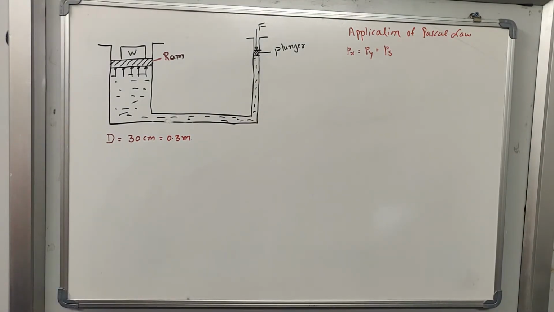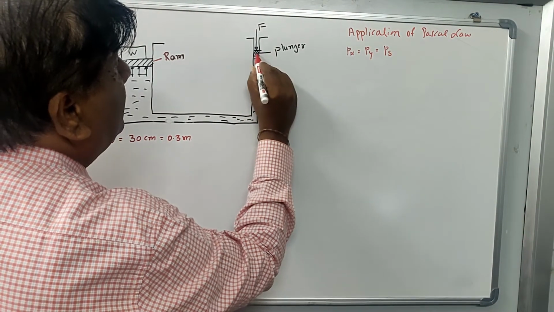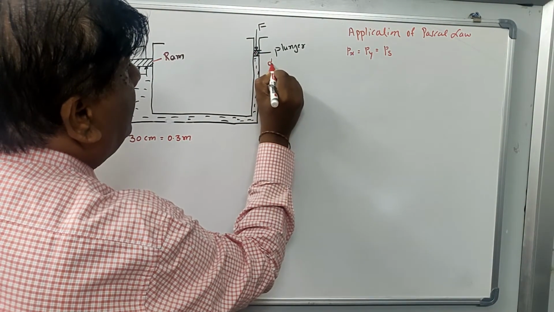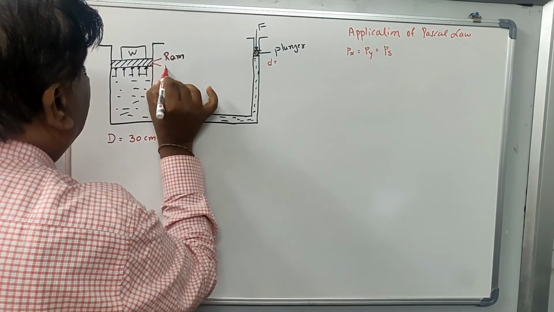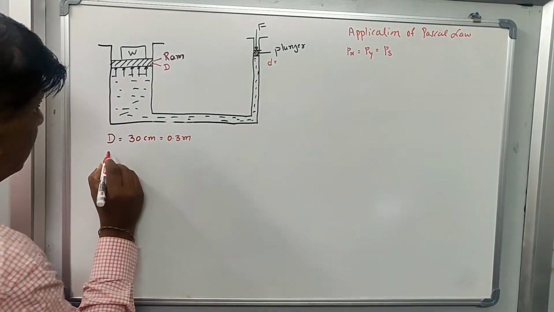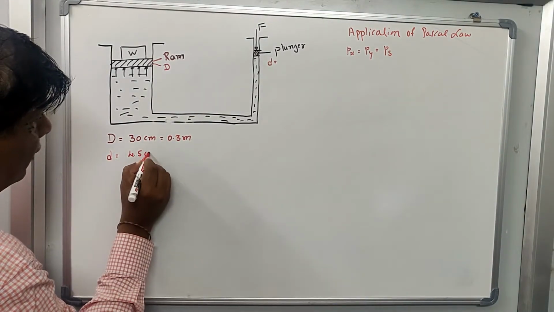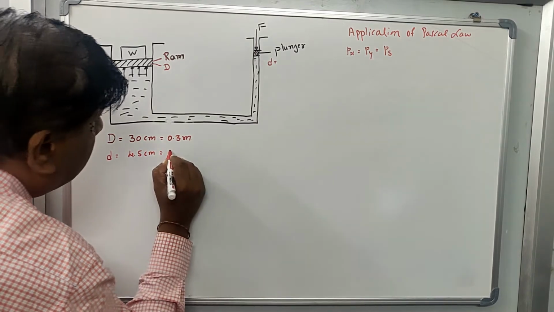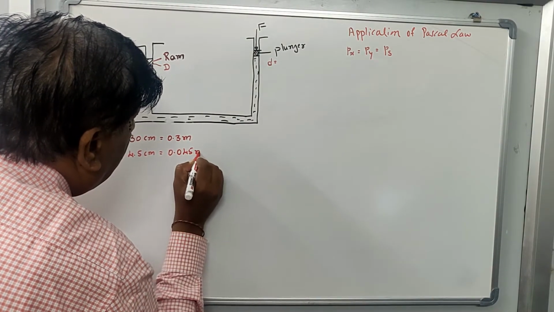And let us take a plunger having diameter small d, which is 4.5 centimeter or 0.045 meter.